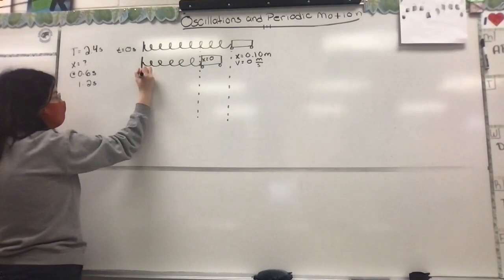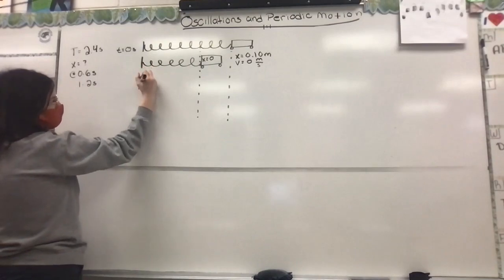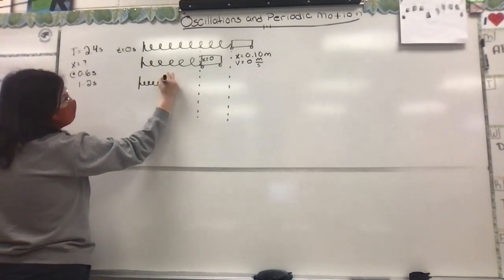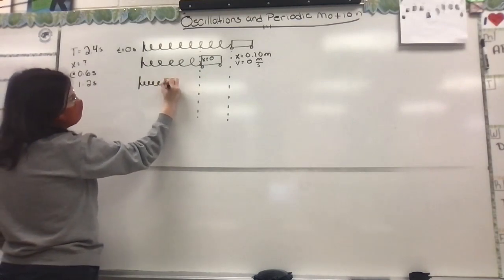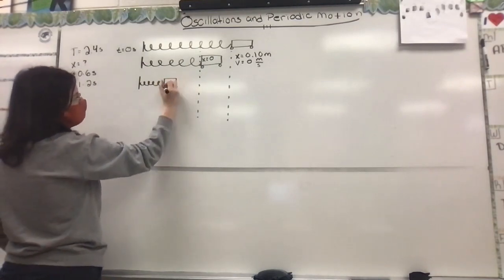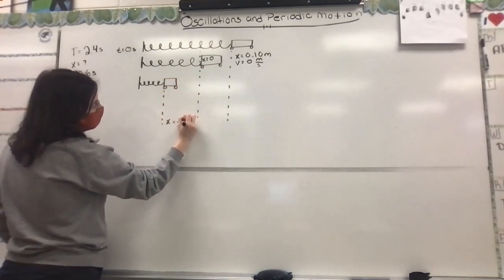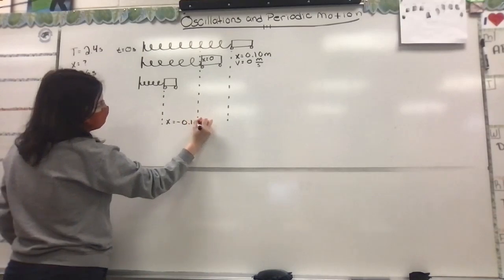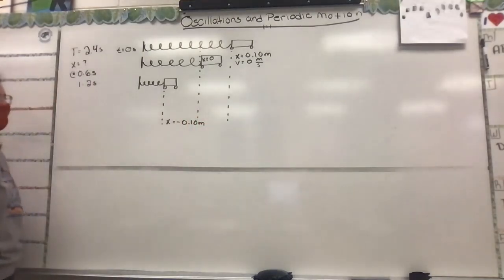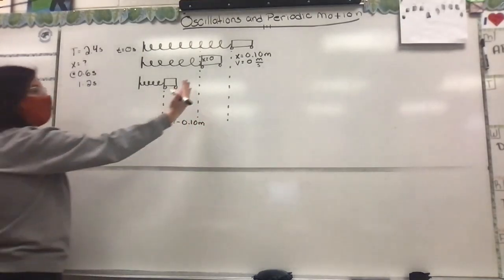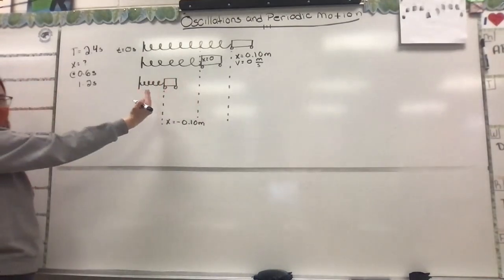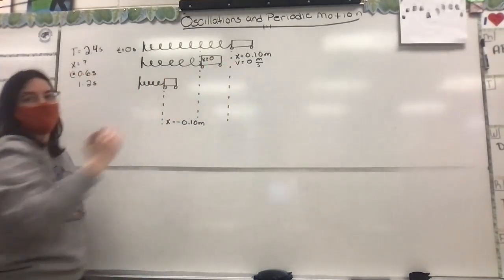And then after it goes to equilibrium, where is it going to be? Negative distance. Here, that means we are at x equals negative 0.10 meters, because it's going to go as far in the negative direction as it did in the positive direction.